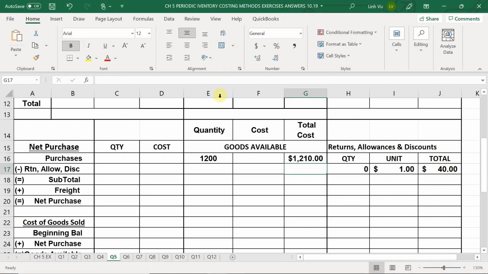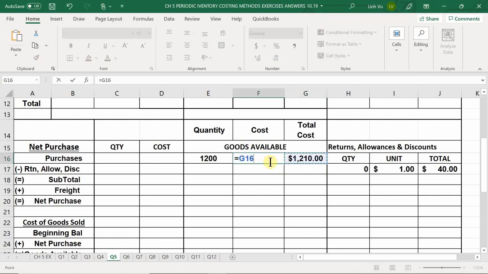And in this case, I have a new total cost. So here I need to figure out what my new cost per item is, because this time I have less cost spread over the 1,200 items.